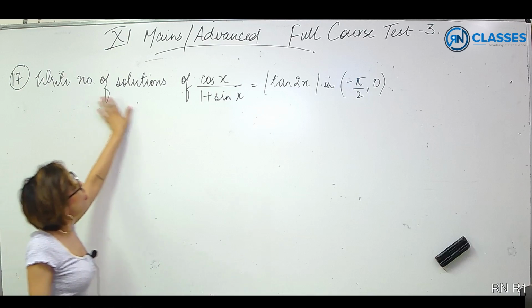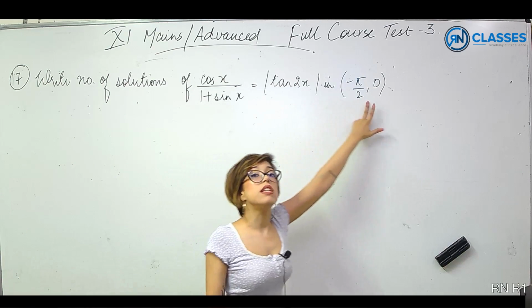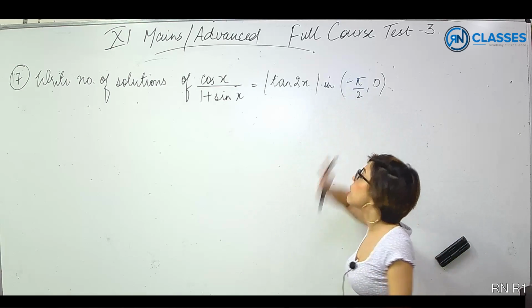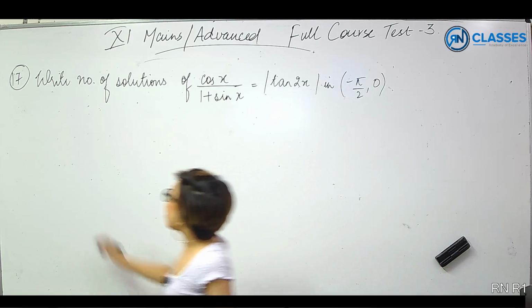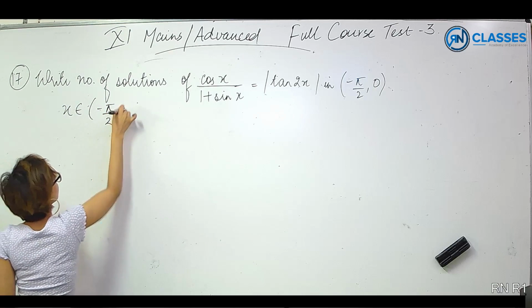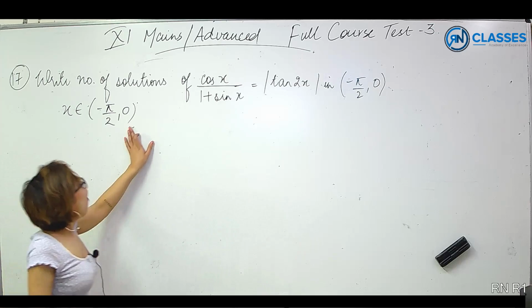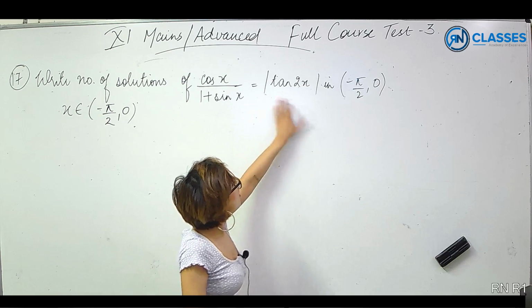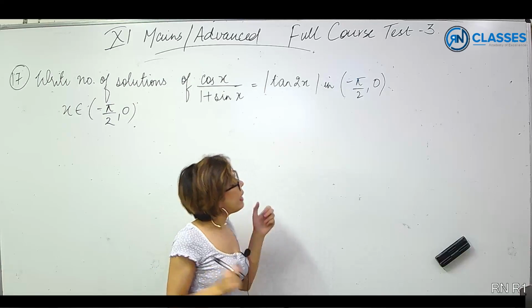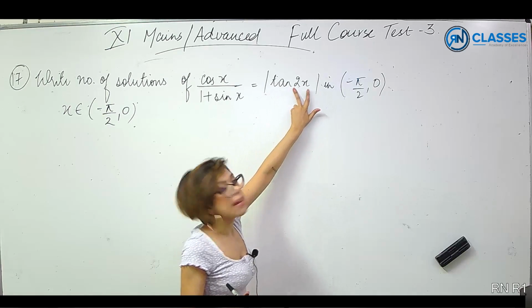Now he says write number of solutions for this equation in this interval. In this interval, as in he says that x lies between minus pi by 2, 0. Now he says x belongs to this interval. Right? Now obviously in this equation, I have an absolute value. I will want to eventually remove it. So what I can do is I can talk about this 2x angle.